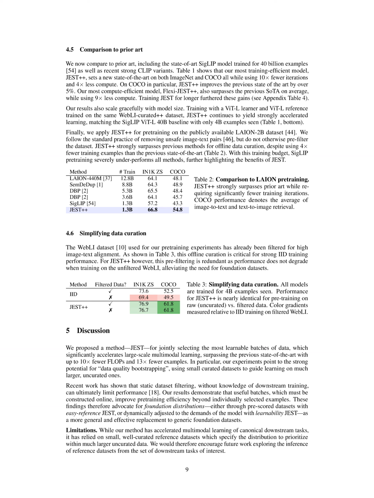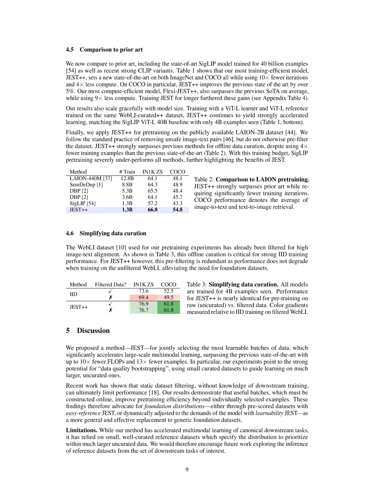Furthermore, JEST set a new state-of-the-art on both ImageNet and COCO datasets, surpassing the previous models while using significantly fewer iterations and less compute. The most training-efficient model, JEST++, achieved a new state-of-the-art on ImageNet and COCO, improving the previous state-of-the-art by over 5% on COCO.